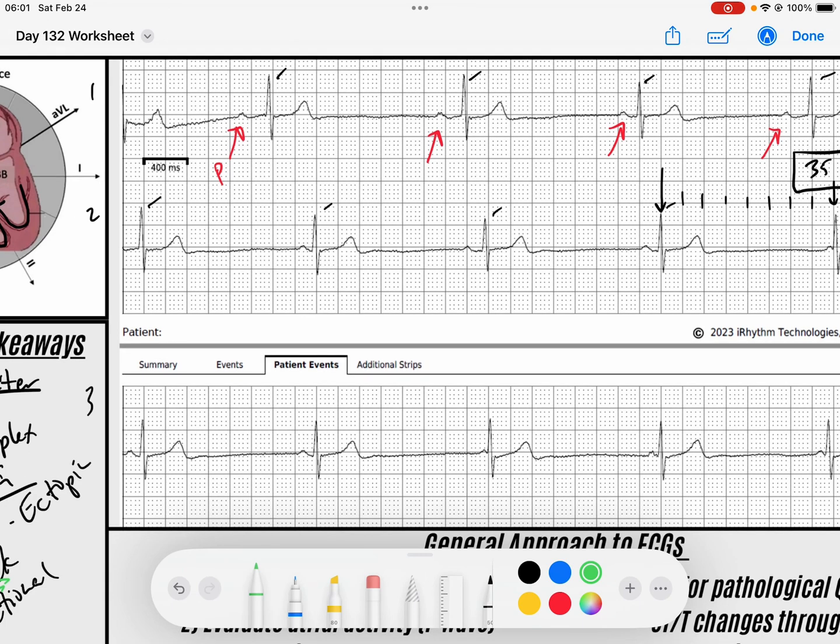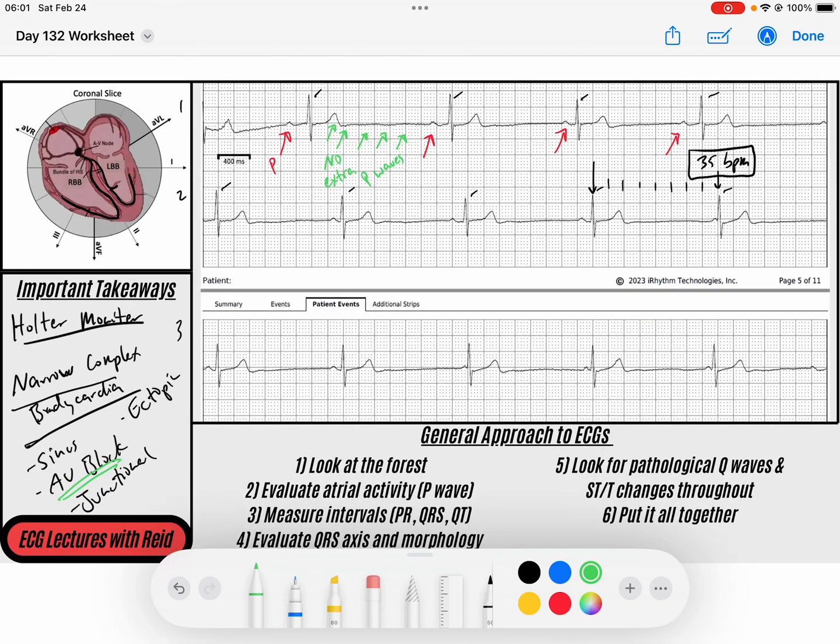So I look all through here for P waves. I look on top of that T wave and I don't see any, so I see no extra P waves. So maybe not ectopic, and it doesn't seem like a high-grade AV block.